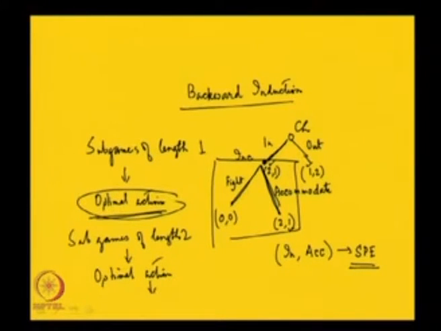Then, taking this accommodate action as given, we went back and looked at this subgame, which is basically the entire game of length 2, and we saw that given the optimal action accommodate, player 1, who is to move at the beginning of the subgame of length 2, must get in. So, therefore, in and accommodate is the optimal set of strategies, which is known as the subgame perfect equilibrium.